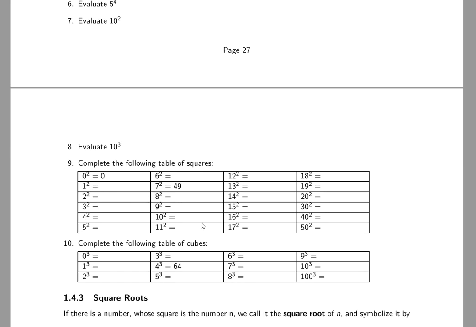So just getting used to squaring, you could fill out this table. 0 squared is 0, 1 squared is 1, 2 squared is 4, 9, 16, 25. Those numbers are called the perfect squares, 36, 49, 64.